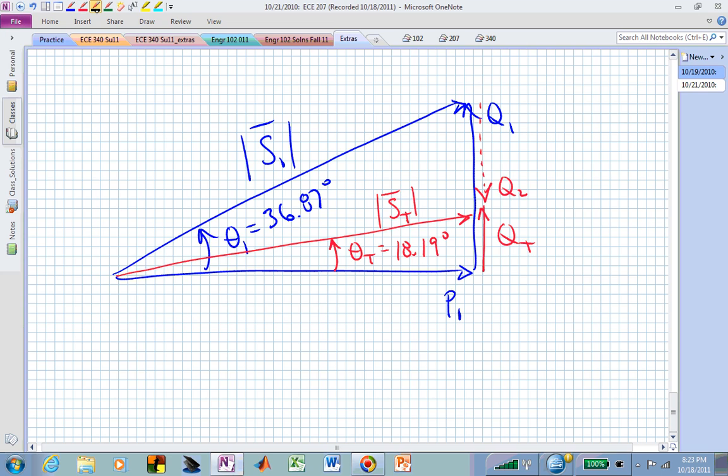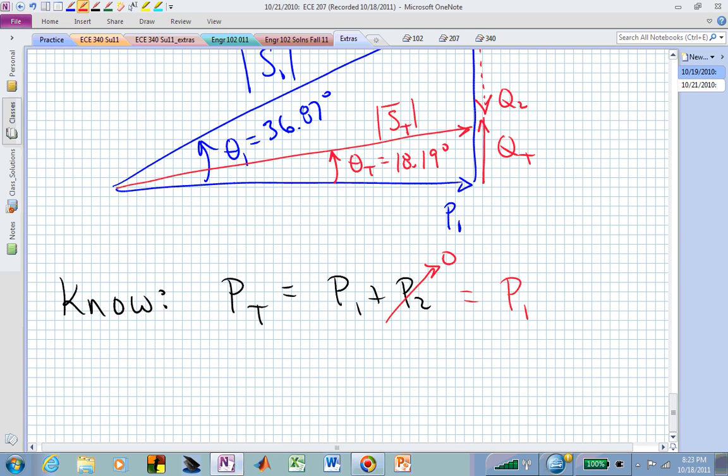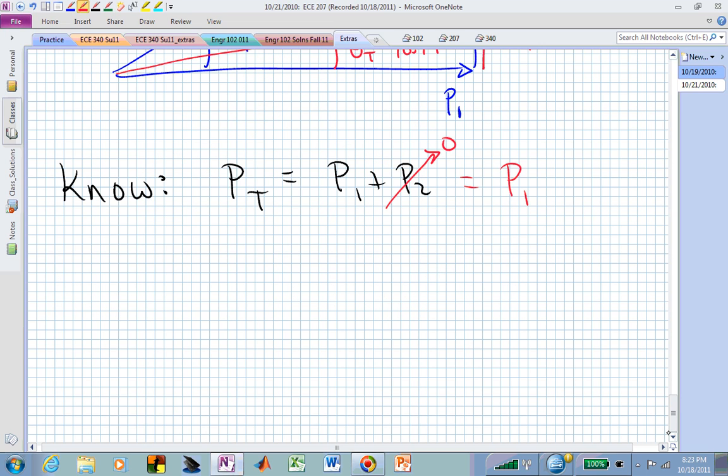What we know is that the total real power, or the total average power, is P1 plus P sub 2, but because we don't want our introduced load to consume any more average power, P sub 2 is 0, giving us P sub total is just the real power that we started with.